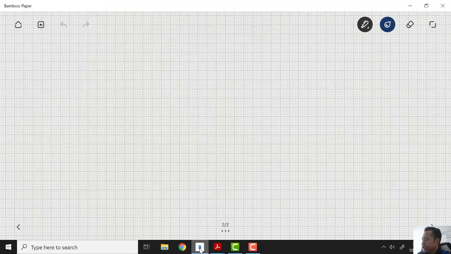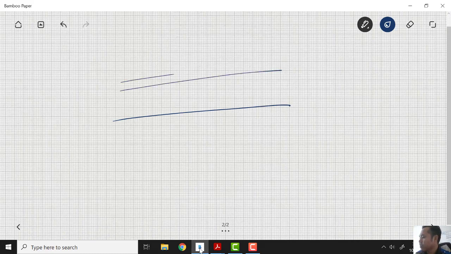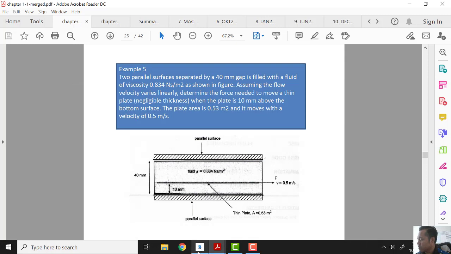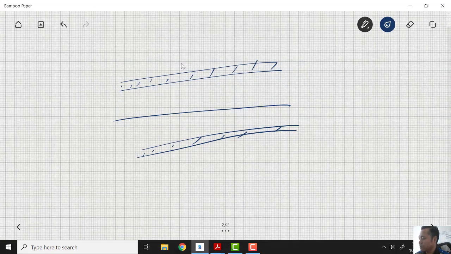Okay, we have a plate moving between a gap. Two parallel surfaces, right? We have two parallel surfaces, and a plate here moving between them.